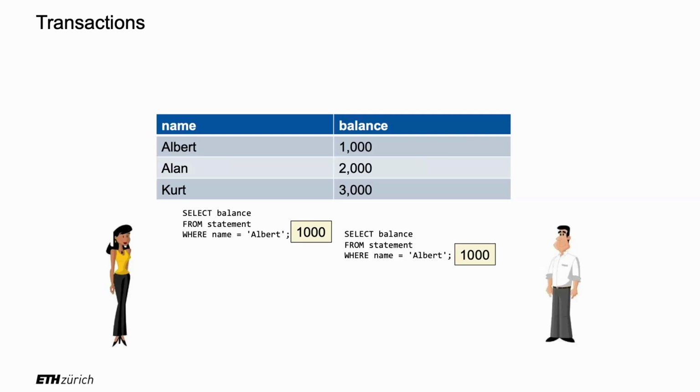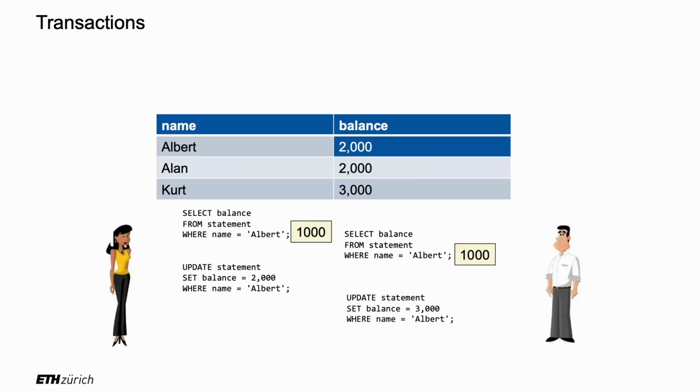Now Alice updates that and sets the balance to 2,000. So what that changes is the value in there, right? Then Bob updates the statement and sets the balance to 3,000. That's updating here, right? Now Alice executes this. So I have two questions.